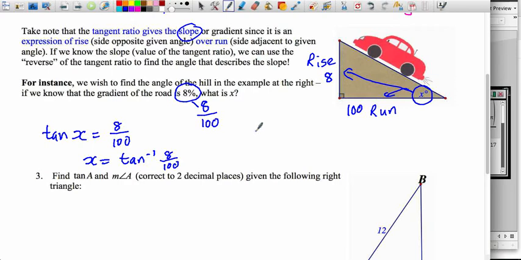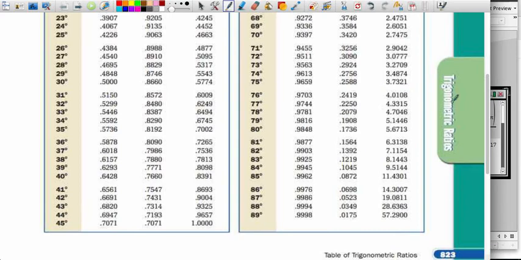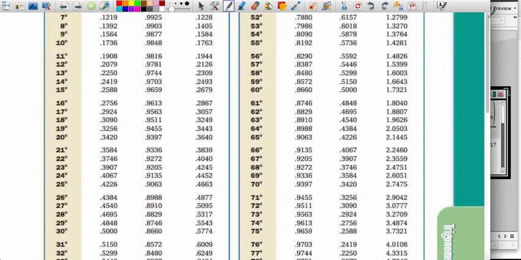If we have a very quick look at the trig tables, it can give us an idea of the answer that we're expecting. Our ratio is 8 over 100, 0.08.